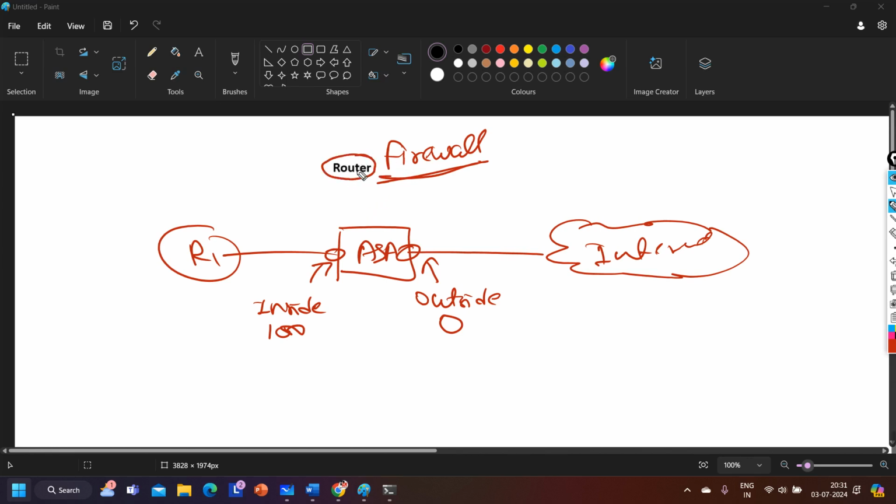Like now you are learning Cisco router, you are learning Cisco switches, you are learning Cisco firewall. Got it? CCNA and CCNP mean Cisco Certified Network Associate, Cisco Certified Network Professional. You are learning about Cisco. So ASA is a Cisco firewall.